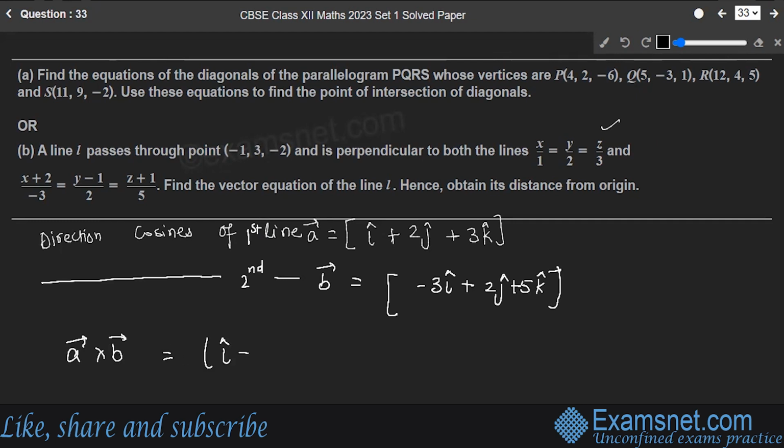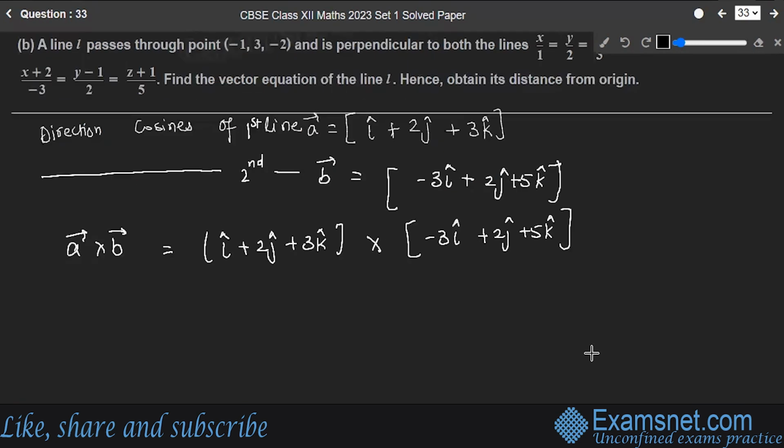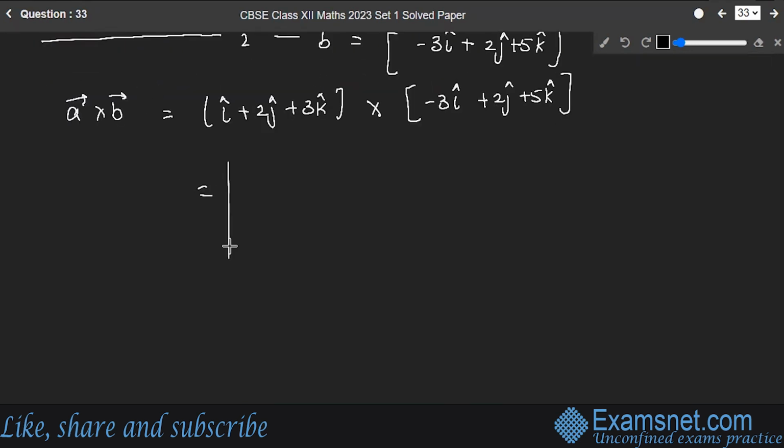That is equal to i plus 2j plus 3k multiplied by minus 3i plus 2j plus 5k. So that is written in the matrix determinant form as i, j, k; 1, 2, 3; minus 3, 2, 5.